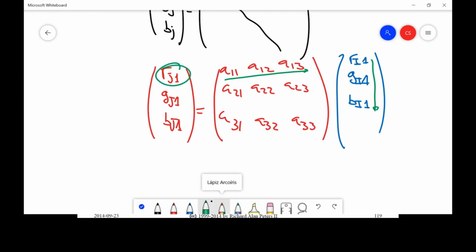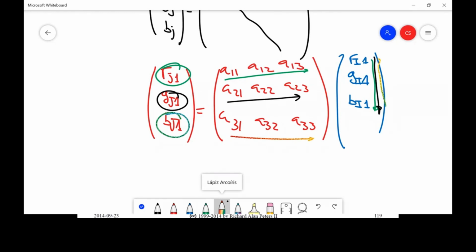So I have one equation, and then this one multiplied by this one has to be that one. So that is the second equation, and for the third one, this thing multiplied by this has to be this one. Okay, so I have 3 equations. Which are my unknowns? The matrix.